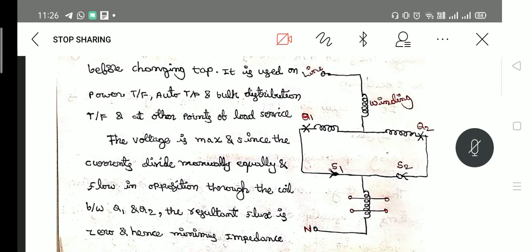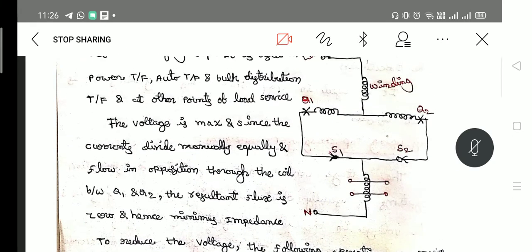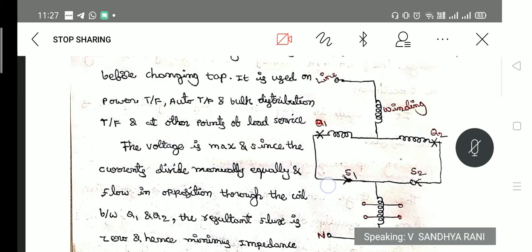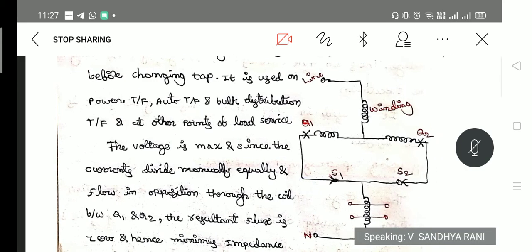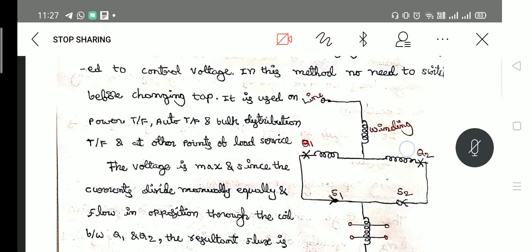First step is open Q1. Second, move the selector switch S1 to the next position, the next contact. Third, close Q2.